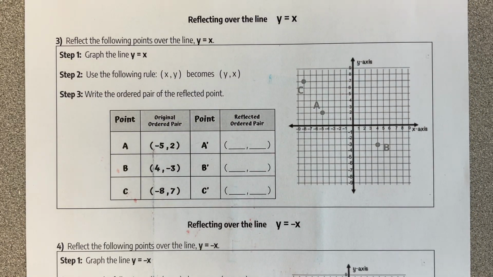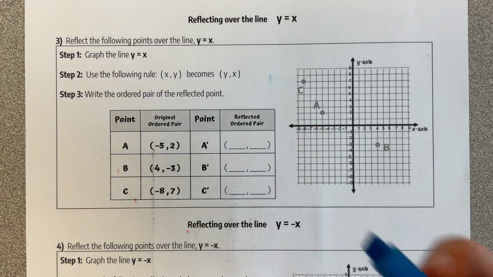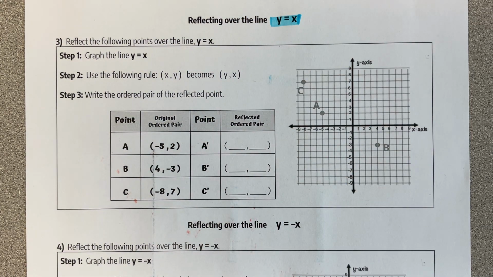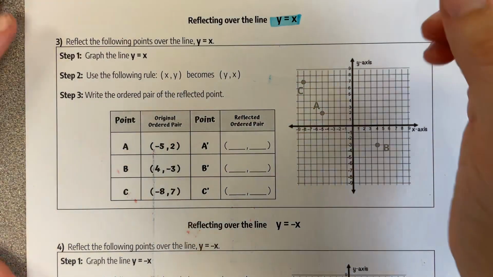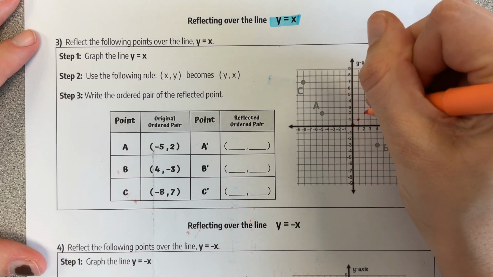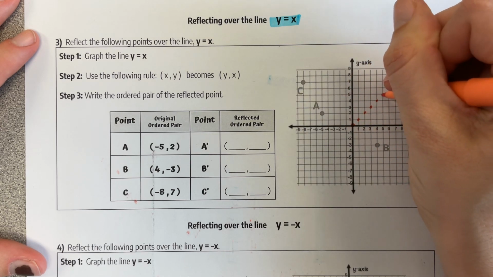Now we're going to look at reflecting over the line y equals x. The first thing I'm going to do is plot that line so we can visualize where it is reflecting. Where does y equal x? Well, our intercept is at 0, 0, and it's just going up 1 over 1, up 1 over 1, up 1 over 1.